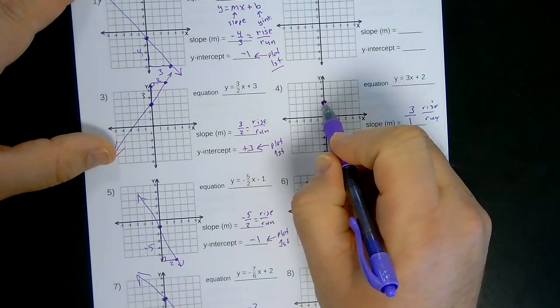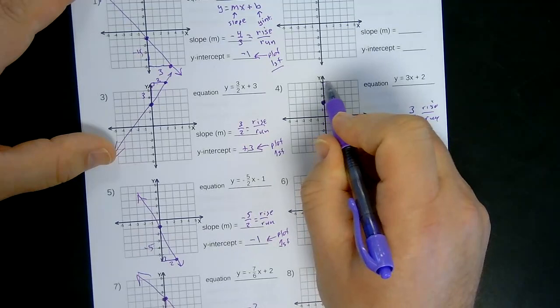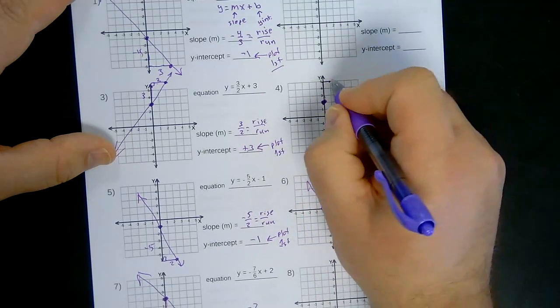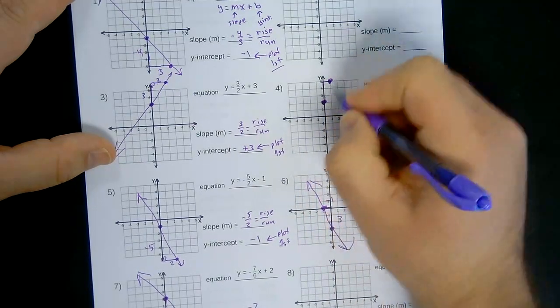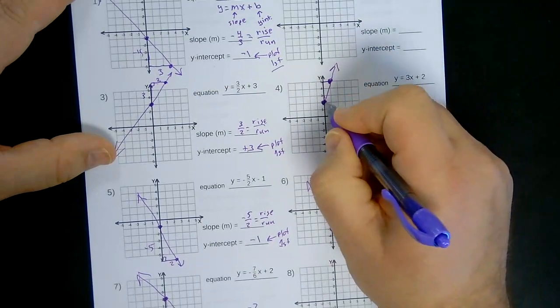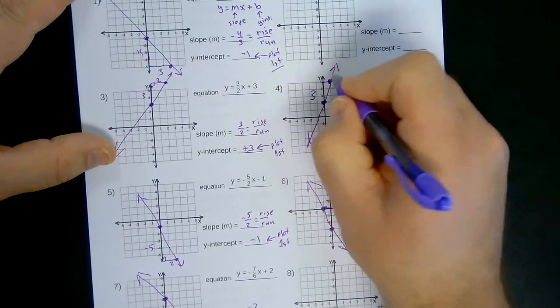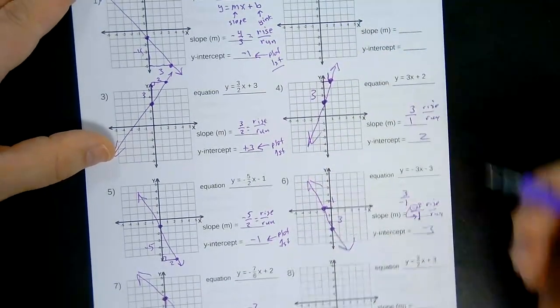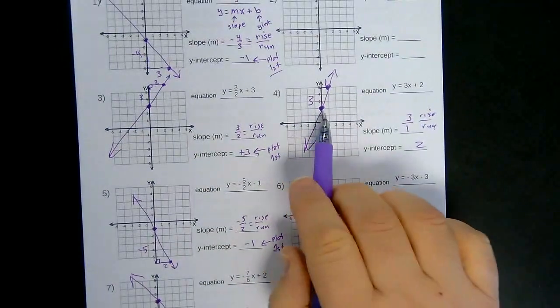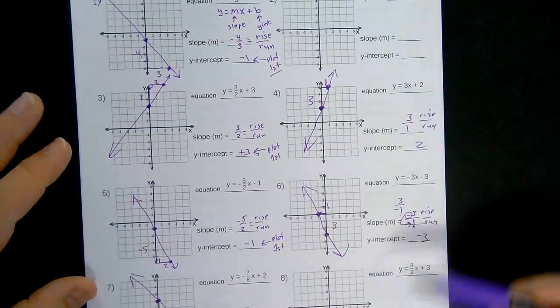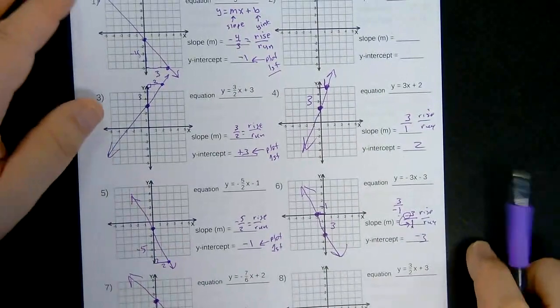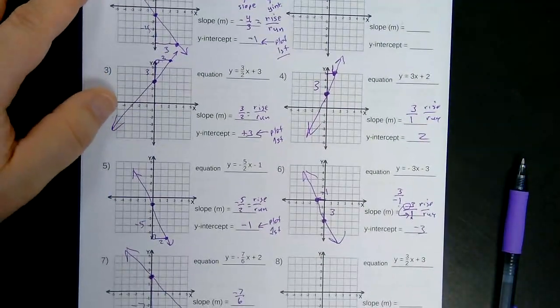So starting at the y-intercept, 1, 2, 3, and over 1. Put my finishing point and draw my line. Again, 3 and 1. Always do your rise over run first from your y-intercept. I'll let you guys finish up 2 and 8 on your own, and that is it for this worksheet.